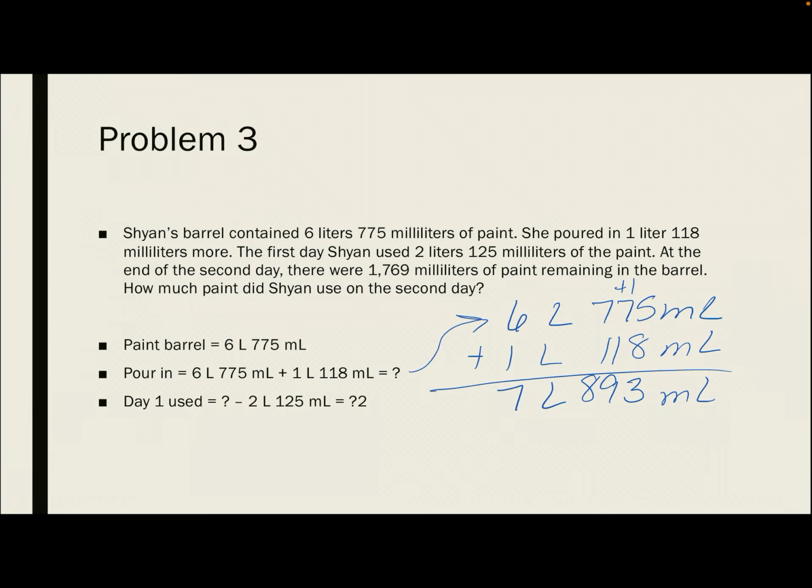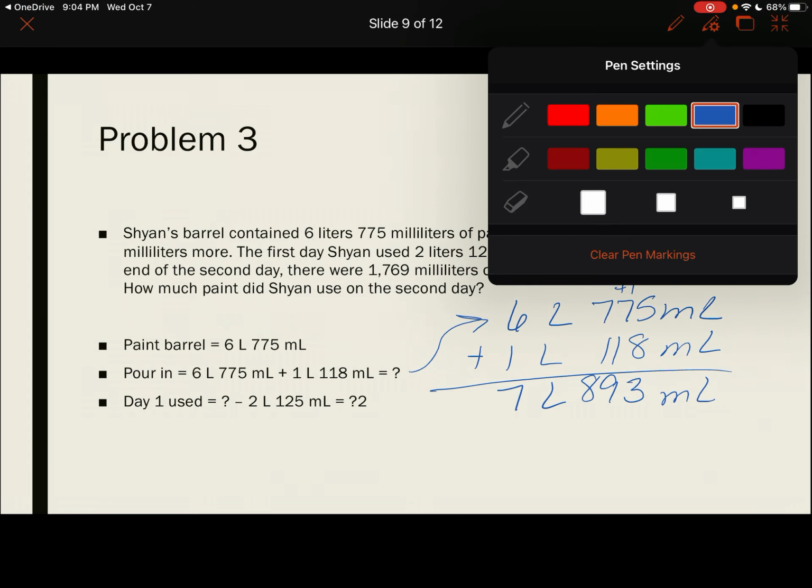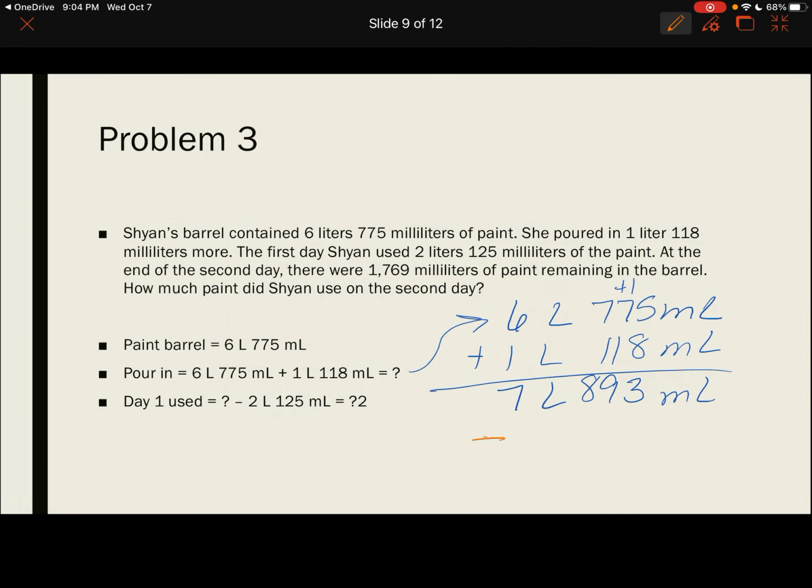After day 1, she had used 2 liters, 125 milliliters. So we are going to take this amount here that we got for how much we started in the barrel and subtract how much she used after day 1. So let's change our color. Minus 2 liters, 125 milliliters.